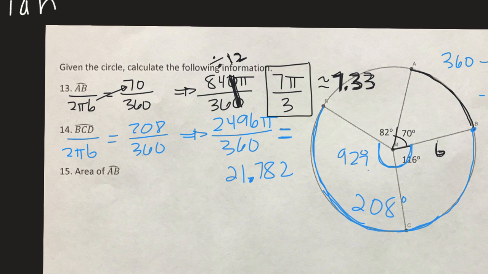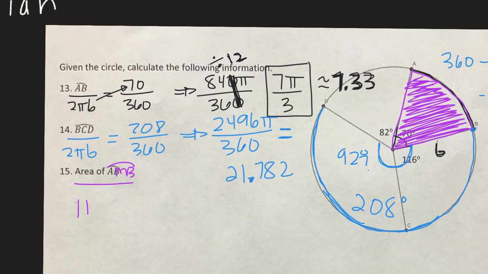Now I want an area. What is the area of, that's not really a sector, I should write AMB. So I can find the area of this sector from A to M to B. A sector is like a slice of pie. Area over pi r squared, so pi times 6 squared, equals 70 over 360.